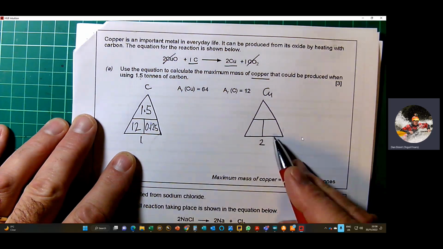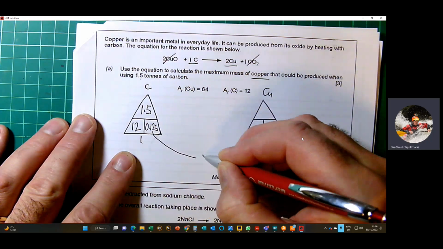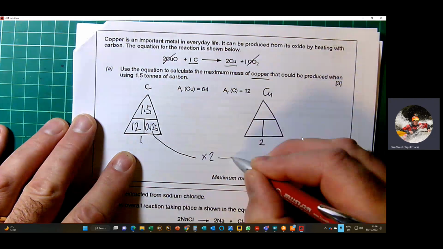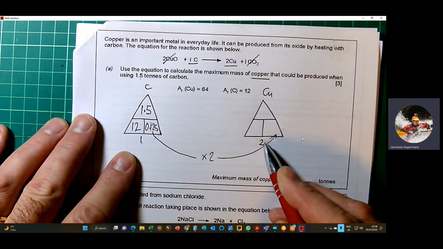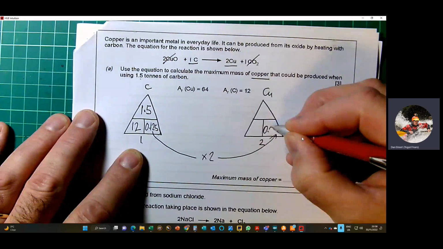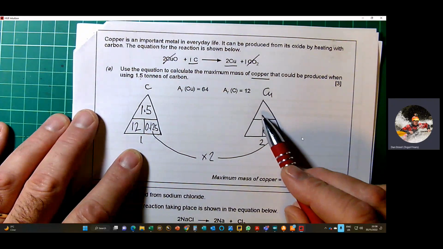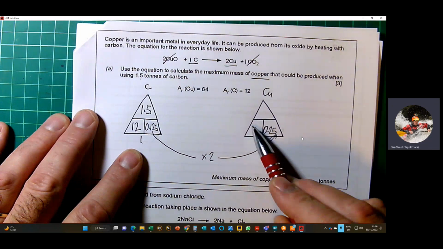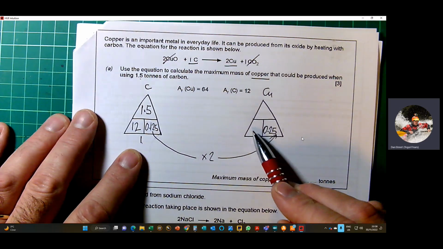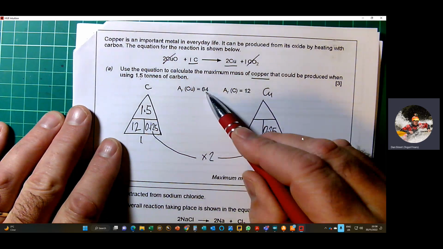So the number of moles of copper produced, taking this value and placing it into this part of the triangle here, we need to remember we go from 1 mole to 2 moles, so that gives us 0.25. Remember, we want to know this value here, so to calculate that we'll need to know the MR, or the AR in this particular instance, of copper, which is given to us in the question as 64.